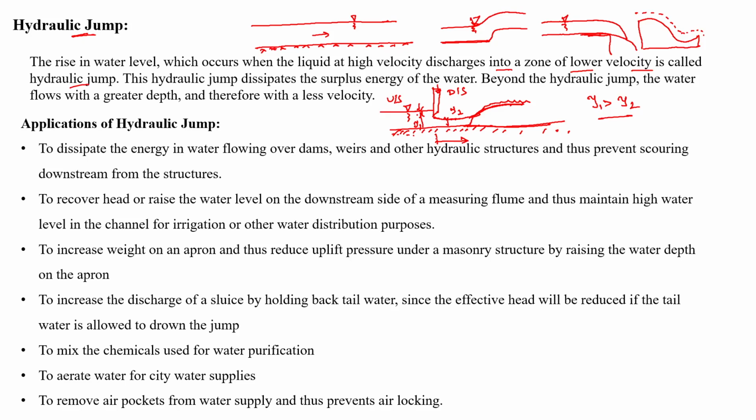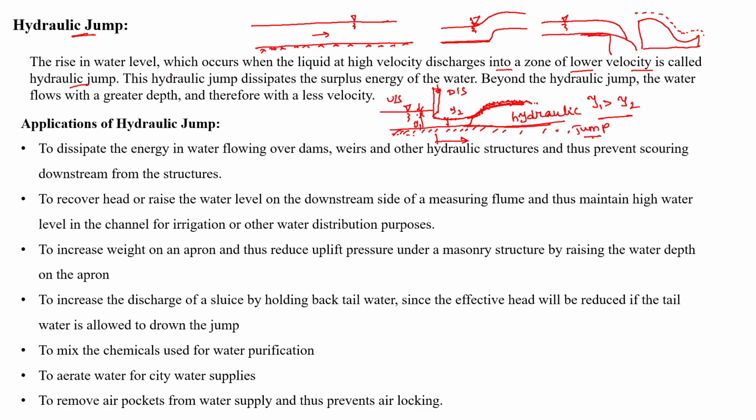After a certain distance from the sluice gate, the flow will lose its energy continuously due to friction. The velocity will reduce and a small rise in the water level will take place. This kind of formation is called a hydraulic jump.